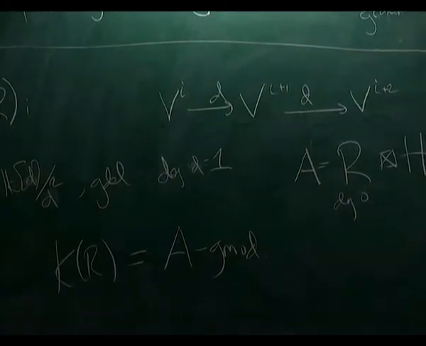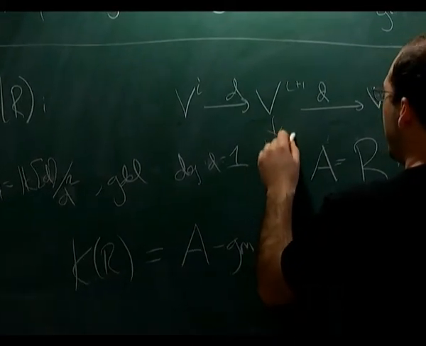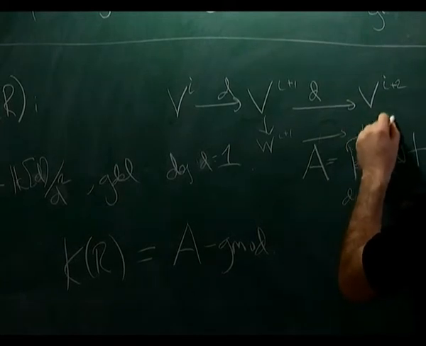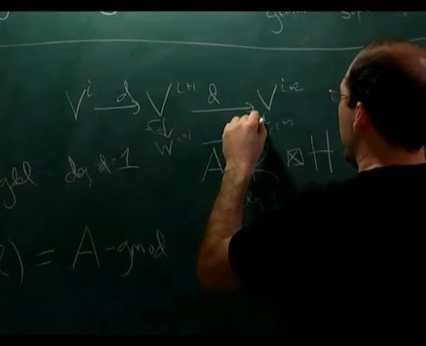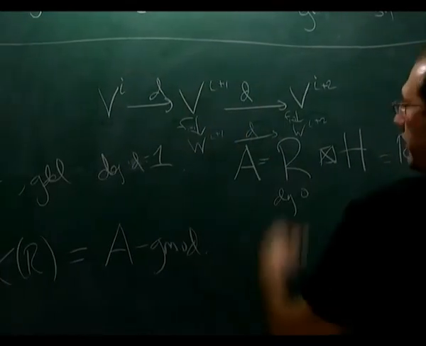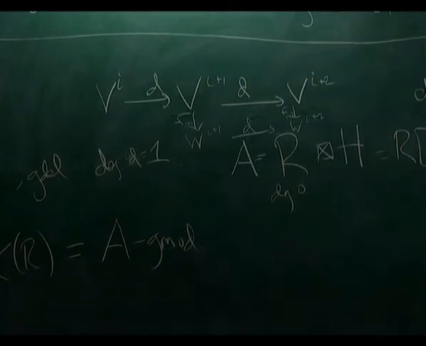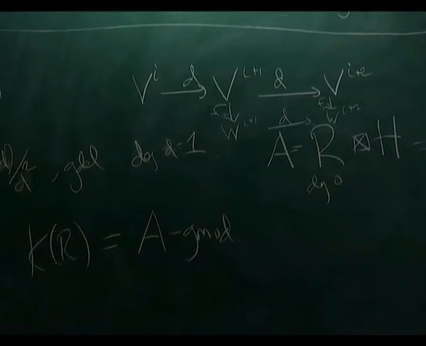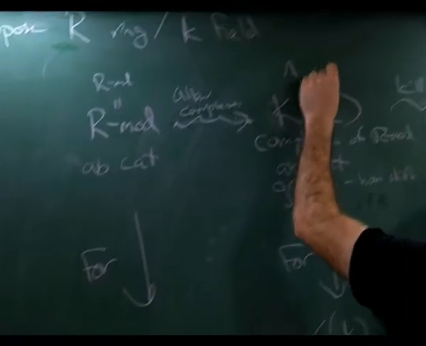Okay? And of course, a morphism between complexes, a chain map, is a collection of linear maps such that each square commutes, and that's the same thing as a map of graded A modules. So we think of this as R modules, we think of this as graded A modules.